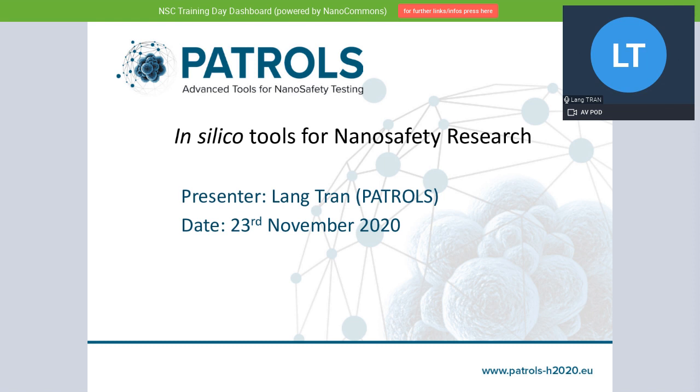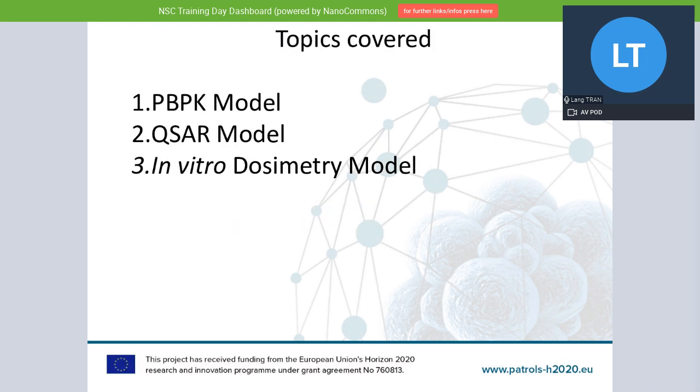But my job today is to show you what we are doing in the PATROLS project in relation to in silico tools. I'm going to talk to you about 3 types of models that have been developed by 3 different groups in the PATROLS project.